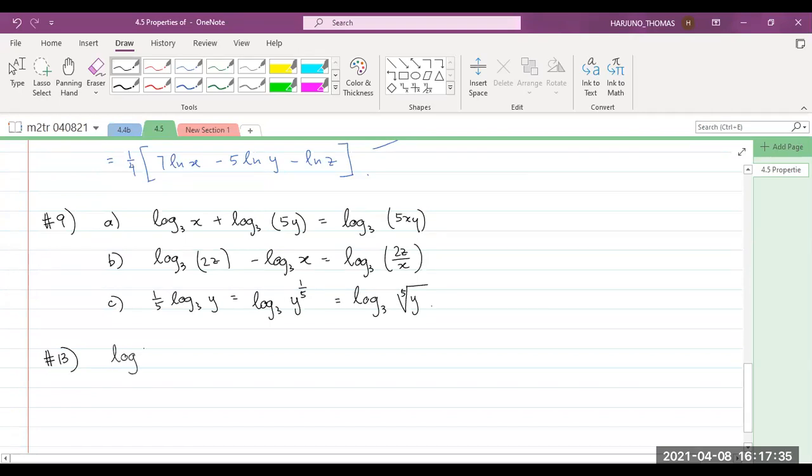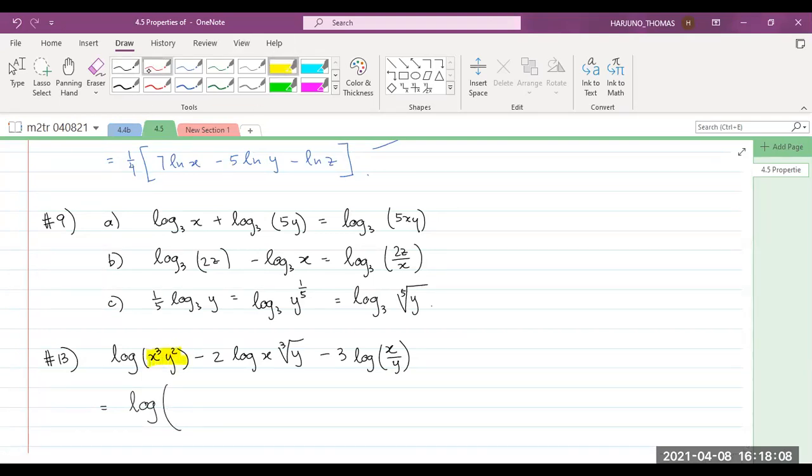Okay, log of x cubed y squared minus 2 log of the cube root of y, minus 3 log of x over y. Now, put them together in one single log. That's log of, let's deal with this first. That's a positive coefficient, so it should be on the top: x cubed y squared.